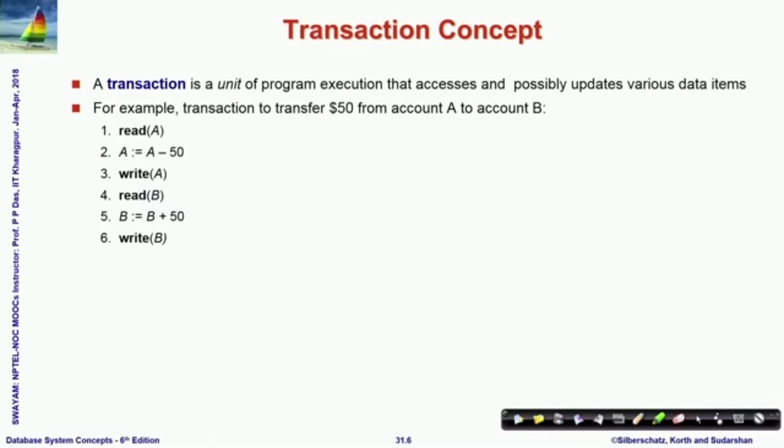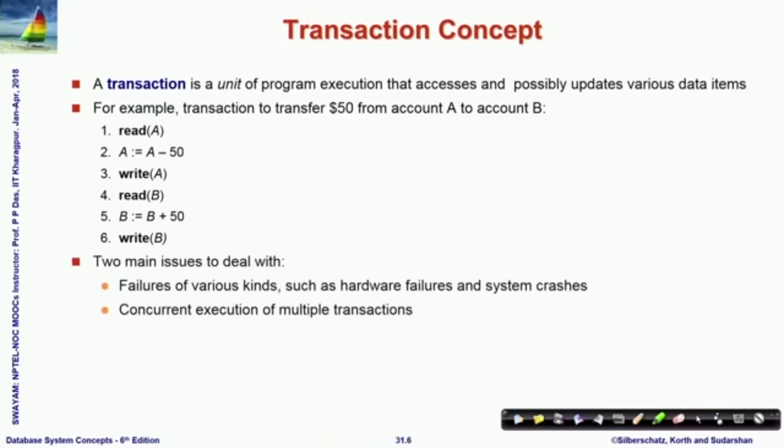So, account B's balance will now change to $350. This whole sequence of 6 instructions is called a transaction, and to achieve our target of transferring $50 from account A to account B, all these 6 instructions have to execute in this order, so that we can get the desired results.